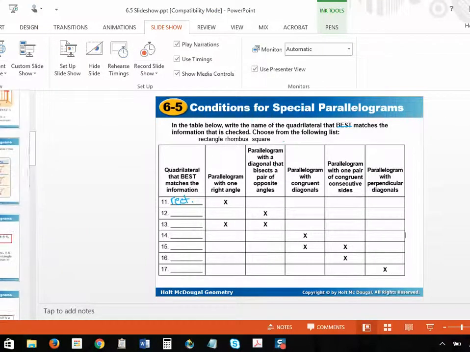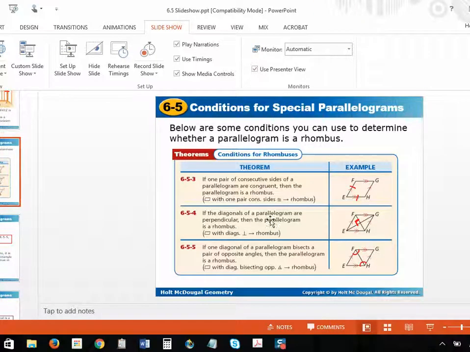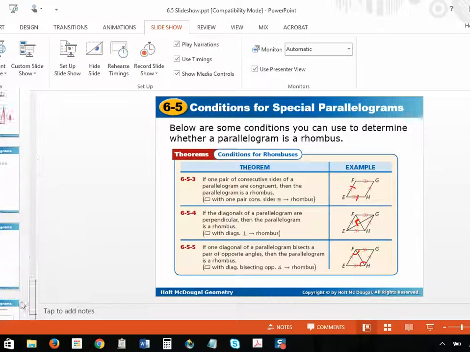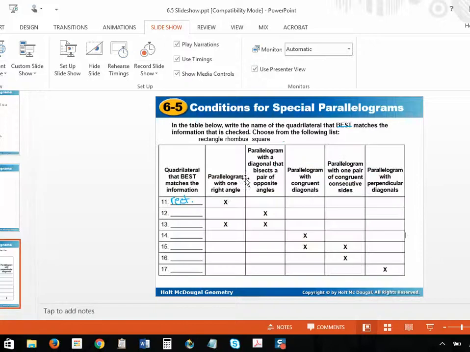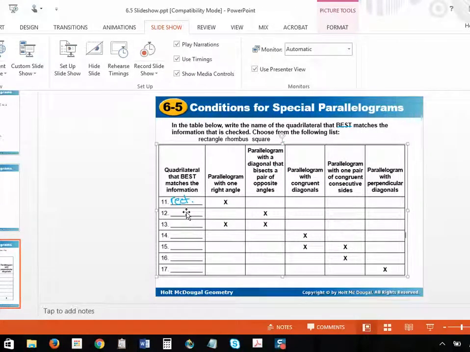Bisects a pair of opposite angles. That was 655. If one diagonal of a parallelogram bisects a pair of opposite angles, then the parallelogram is a rhombus. So right here, that's exactly what this says.